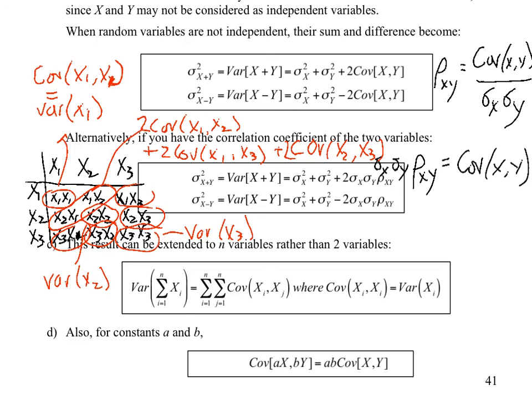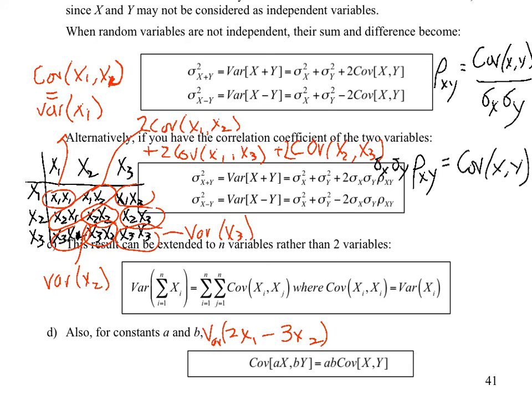The only other thing we have to consider is that we might want to do a subtraction. We might want to do something like 2x1 plus or minus 3x2. What if we wanted the variance of that? How would we figure that out?